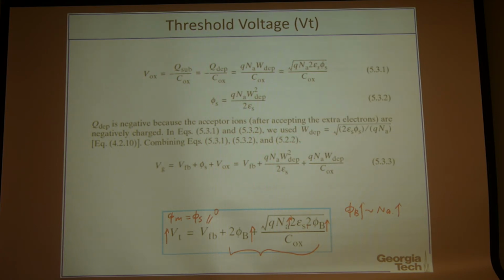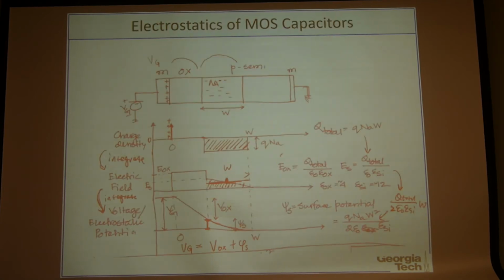Yes? What is VOX? Because VT is the threshold voltage, right? What is VOX here? VOX is the voltage drop across the oxide. You apply the gate voltage to your metal, and this voltage needs to drop across the oxide and across the silicon depletion region and then go to the zero ground.